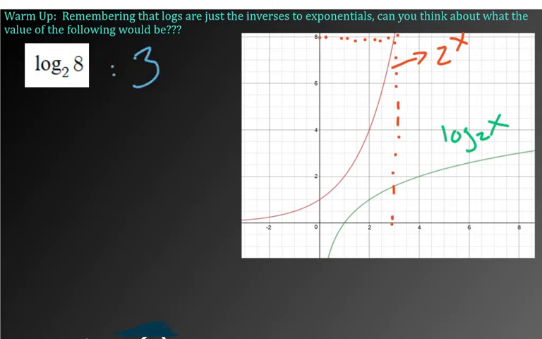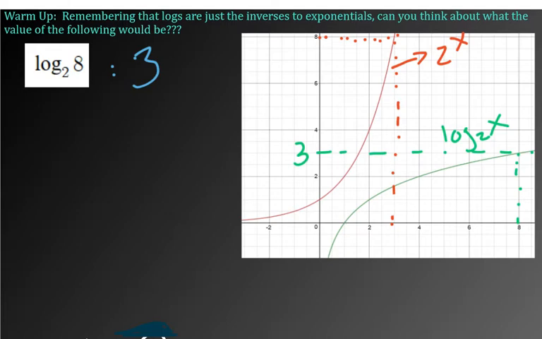So I'll show you here. If you go to 8 on the log right there, and if you plug that in, go over here. You can see it, right? That really is 3 right there. So log base 2 of 8 is 3.